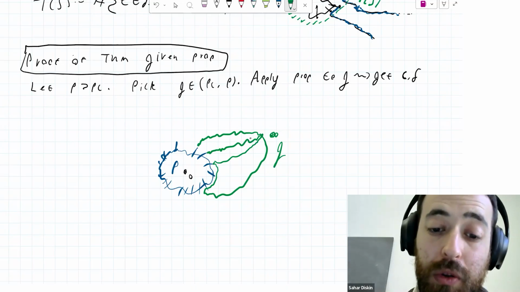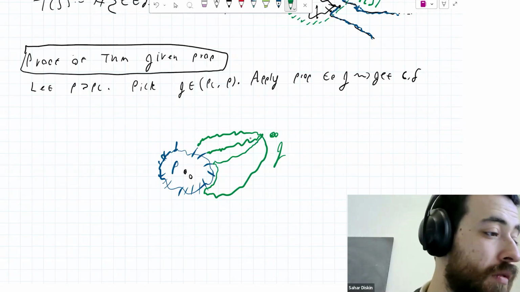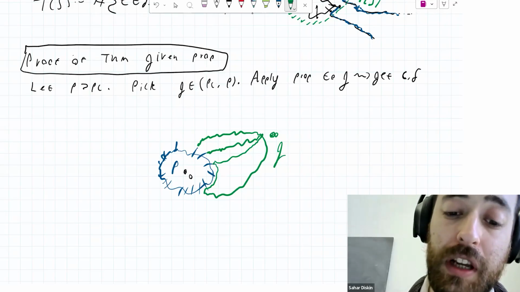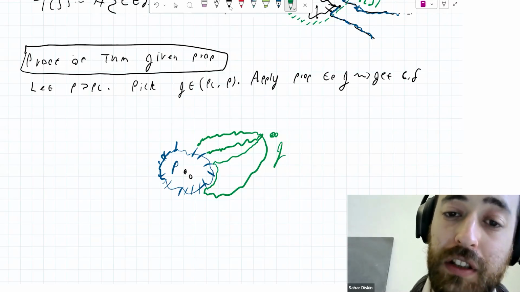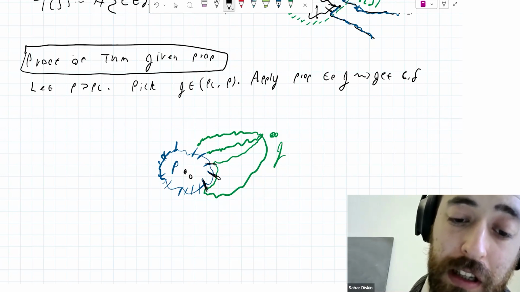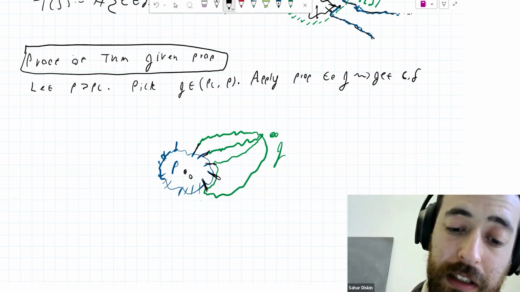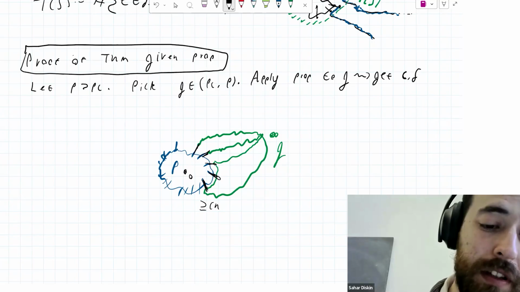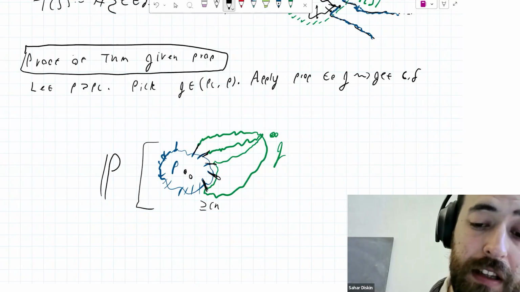And what I want to estimate is the probability that I see this image and the number of touches that I have here. So this is a touch as far as I'm concerned. This is a touch. This is a touch. This is a touch. So this is more than Cn. So I want to estimate the probability of this. This is the event I care about.